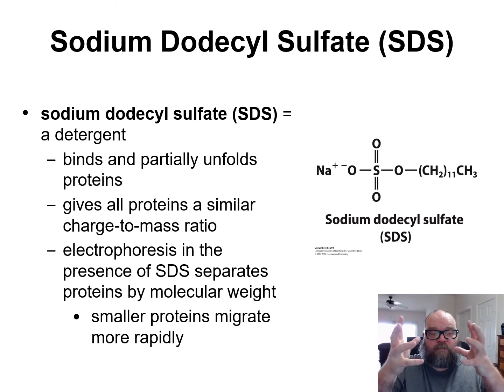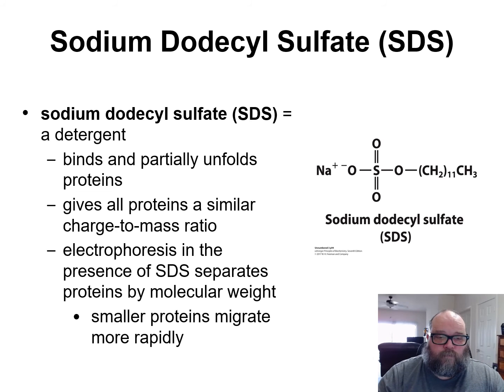So that's not just how compact the protein or the polypeptide is, but its overall size is now going to be the variable we're measuring. Gives an overall charge, so that way it goes from negative to the positive. And it allows for things to separate out by weight, not compactness, not by charge.